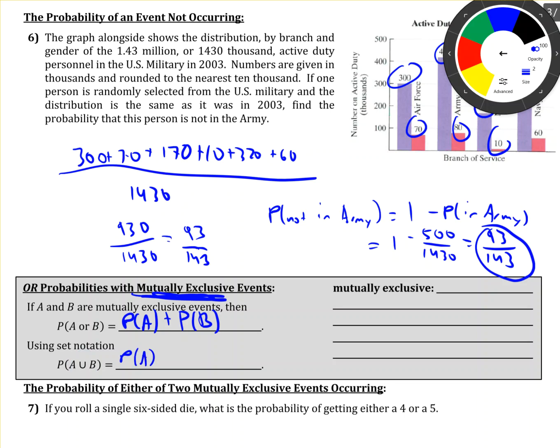It's the same answer, just a different way of writing it. So or, union, same thing. And another way is if we have and, that's the same as intersection in set notation. So again, mutually exclusive basically means they can't both happen at the same time.